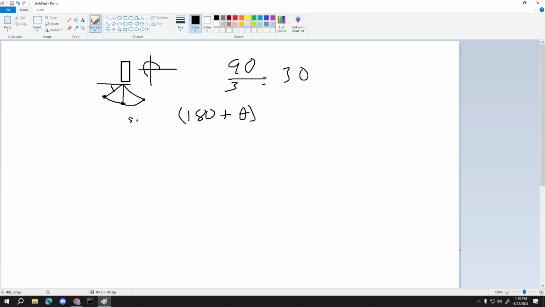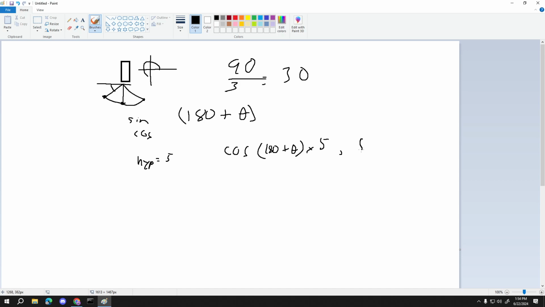And then again, you have sine and cosine. And then how far you want it to spawn. So maybe hypotenuse will be 5, right? So again, your x and y will be cosine 180 plus theta times 5. That is our x.